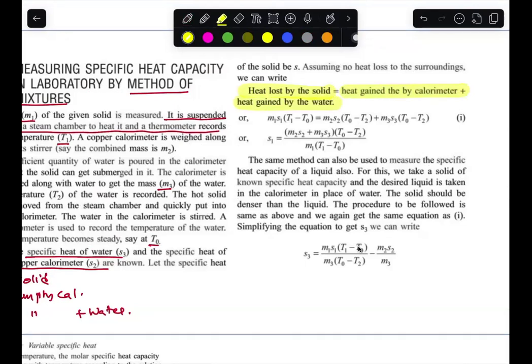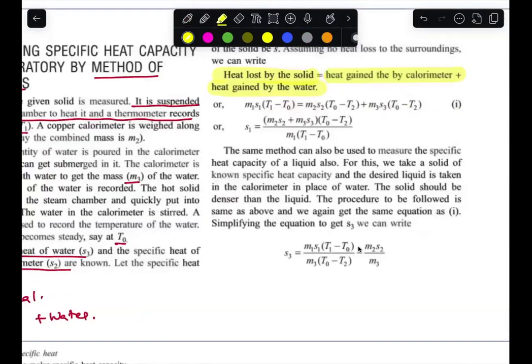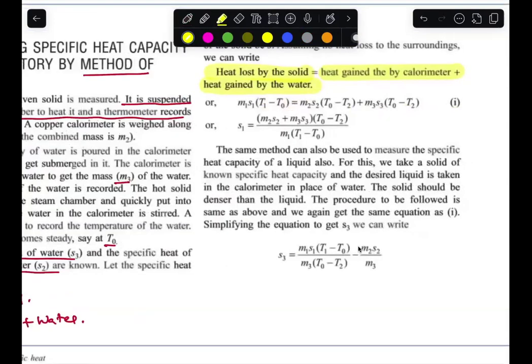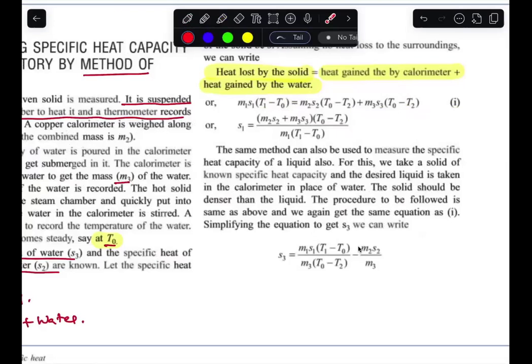This is the principle of calorimetry or method of mixture. T0 is the equilibrium temperature. Heat lost is M1 S1 (T1 minus T0), heat gained is by the calorimeter plus the water part. So you want S1. With this formula, you can find it.